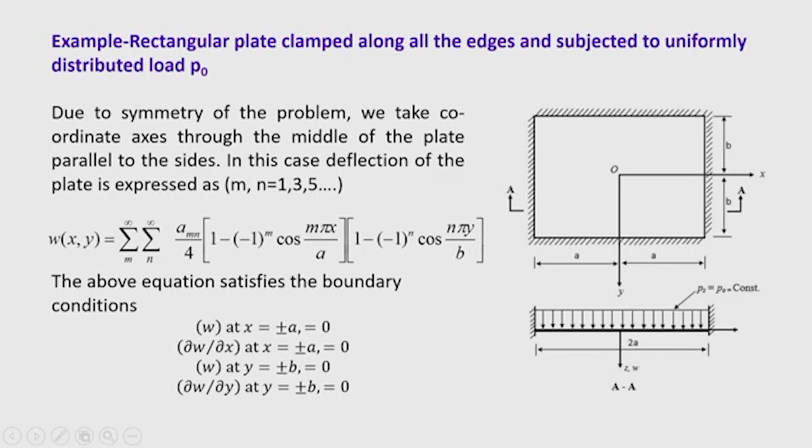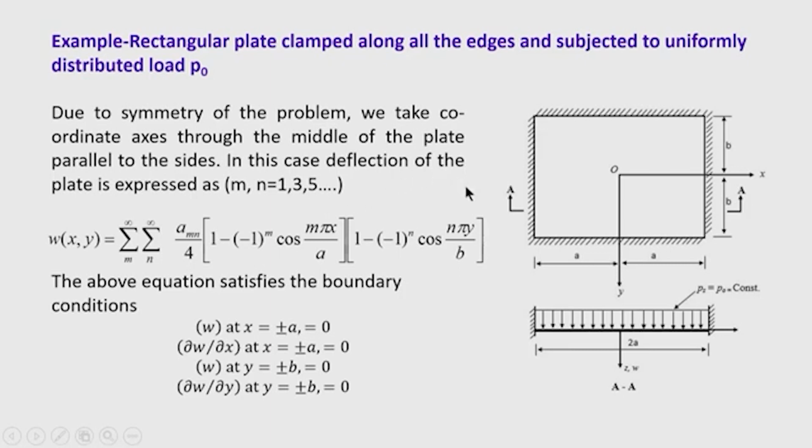So, what happens at the boundary? At the boundary the deflection is 0. The boundary is at plus minus a or plus minus b. If you take x at a, you will find cos m pi, and if m is 1, for example, this factor is 1, so 1 minus 1 gives 0.